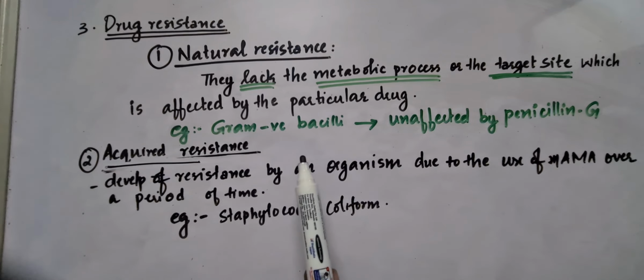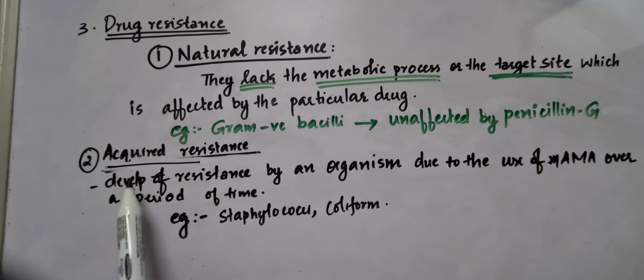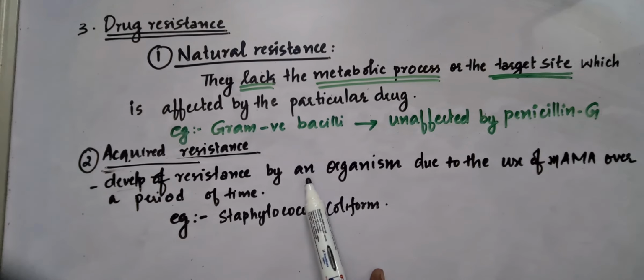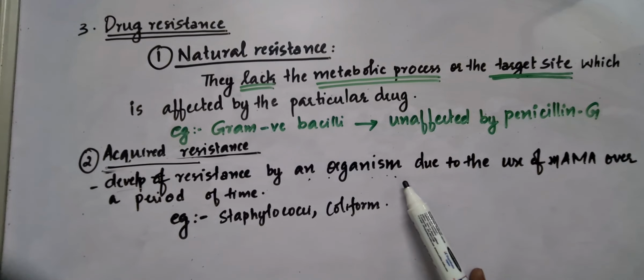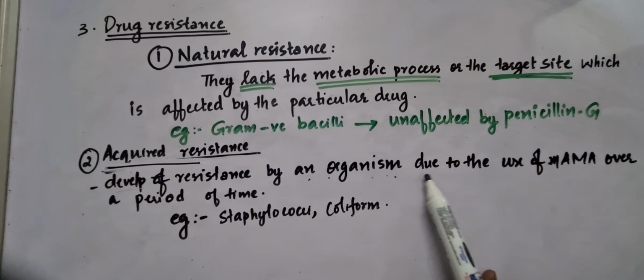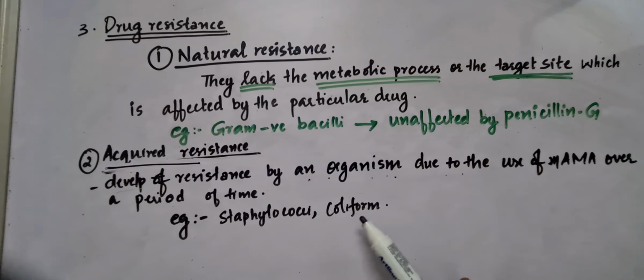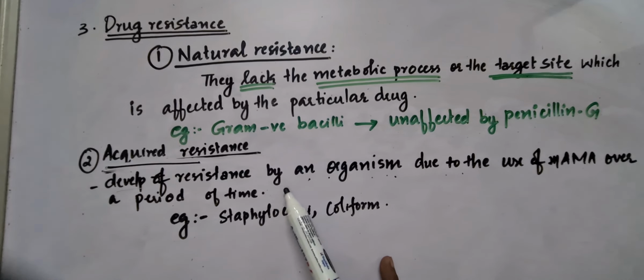Second one is acquired resistance. Acquired resistance is the development of resistance by an organism that was sensitive before, due to the use of an AMA over a period of time. That is, the prolonged use of an AMA has caused resistance.